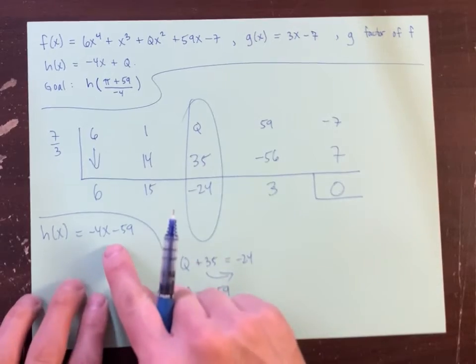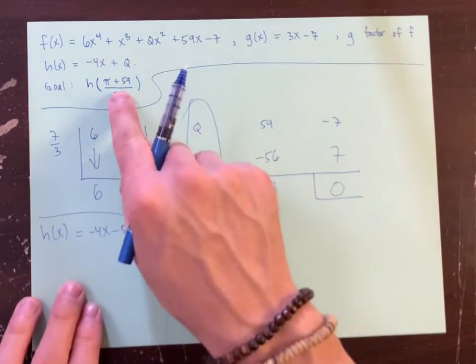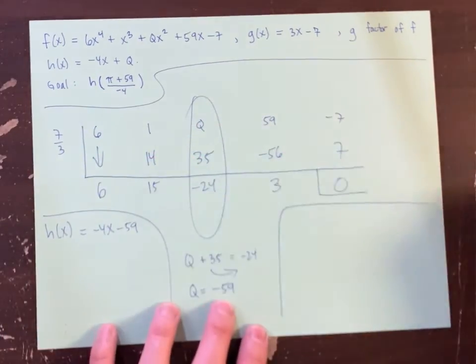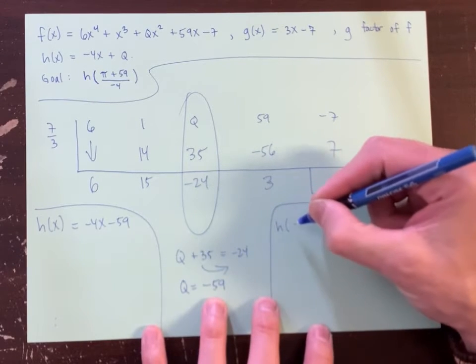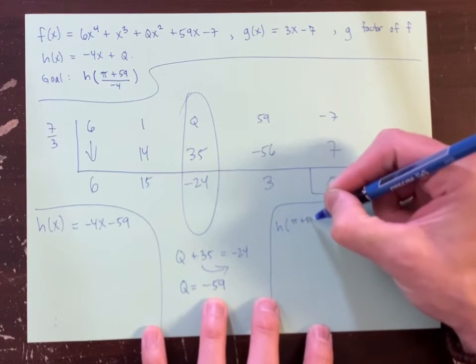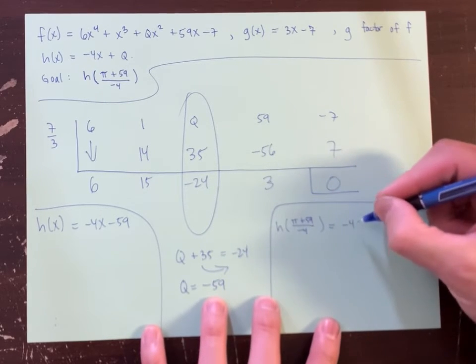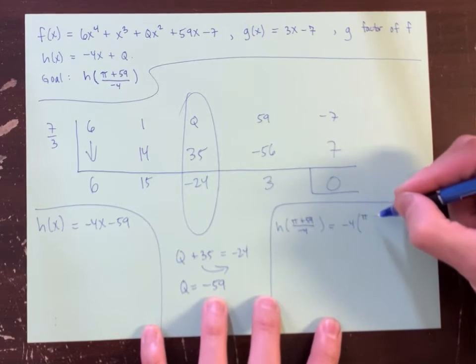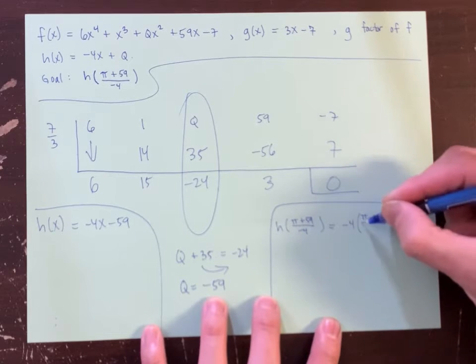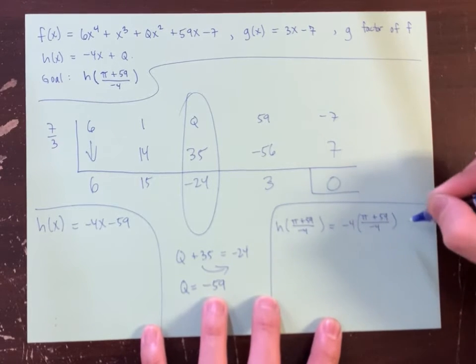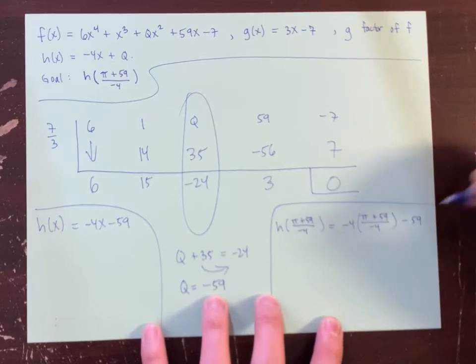And now I want to take this function h and plug in this number into it. So let me try that out here. So h of (pi plus 59) over negative 4 would equal negative 4 times the input, (pi plus 59) over negative 4, minus 59.